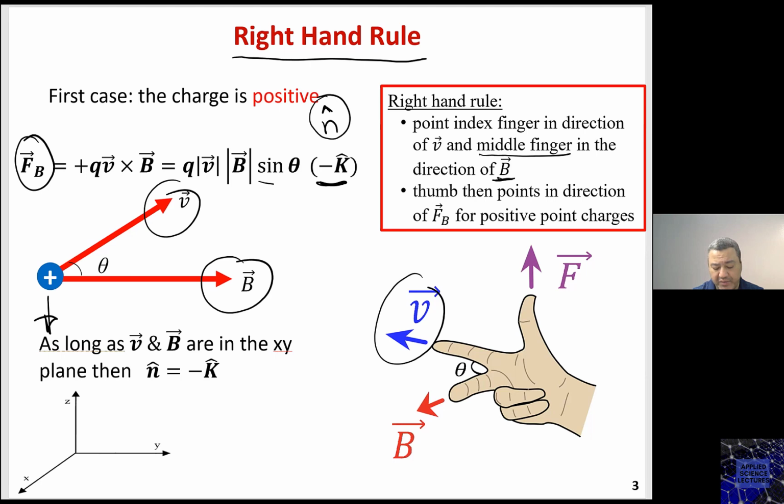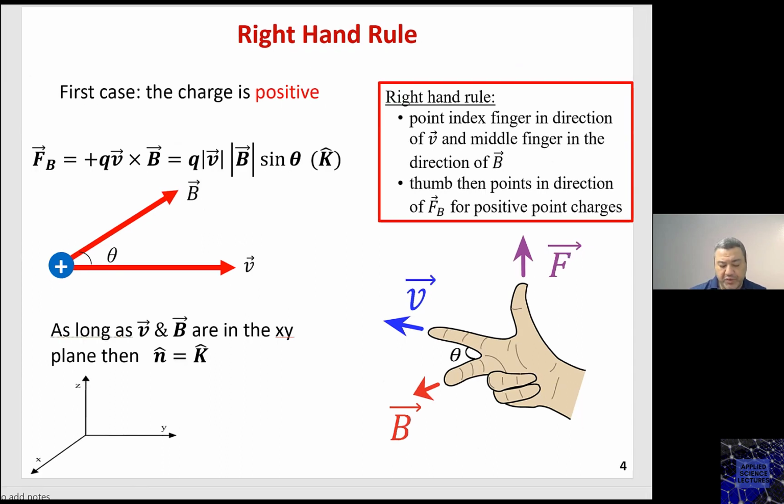Again, theta here is the angle between my velocity v and my magnetic field b. So as long as v and b are in the xy plane, and based on my right hand rule, where I have the index finger pointing toward v and the middle finger pointing toward the magnetic field, then the thumb is pointing downward, which is the direction of the magnetic force.